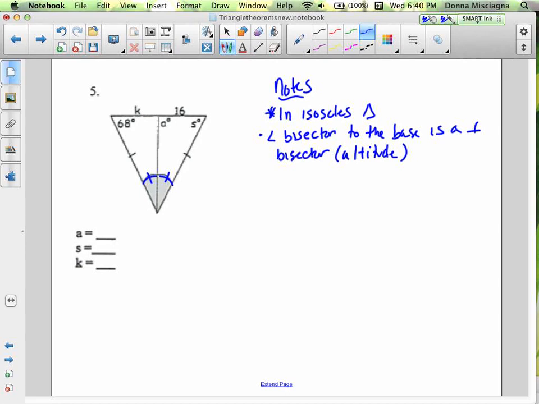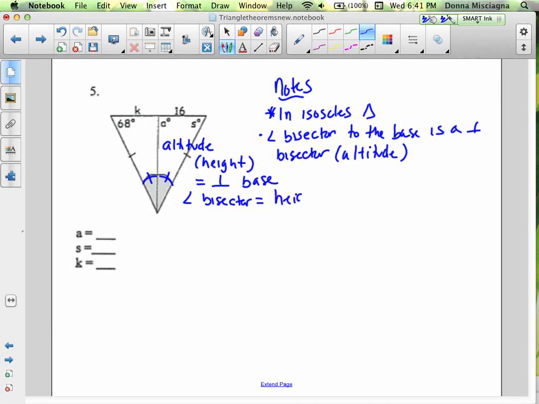Well, in an isosceles triangle, our altitude, which is the same as our height, remember altitude is always perpendicular to the base, and that angle bisector is the altitude or height.